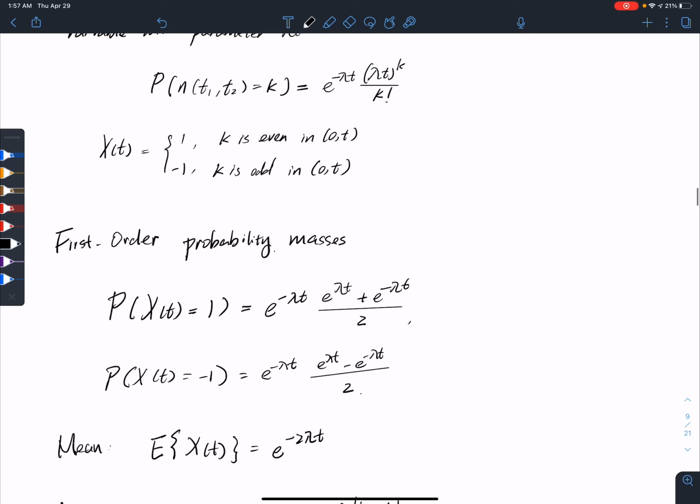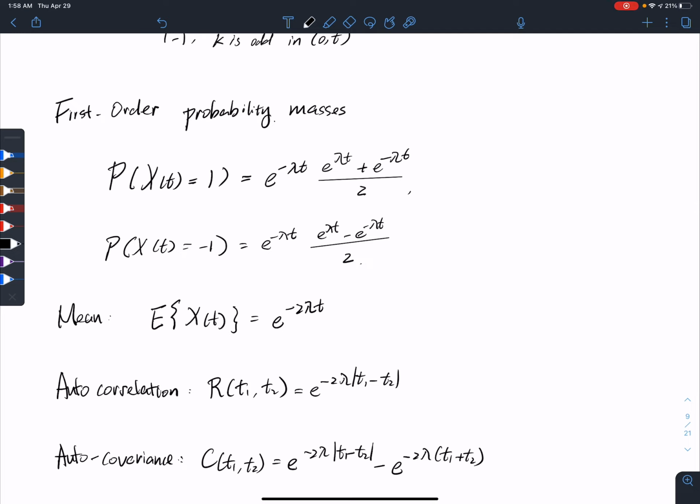First order probability mass: probability x(t) equal to 1 is equal to e to the power negative lambda t times (e to the power lambda t plus e to the power negative lambda t) over 2. Probability of x(t) equal to negative 1 equals e to the power negative lambda t times (e to the power lambda t minus e to the power negative lambda t) over 2. The mean, the expected value of x(t), is equal to e to the power negative 2 lambda t.